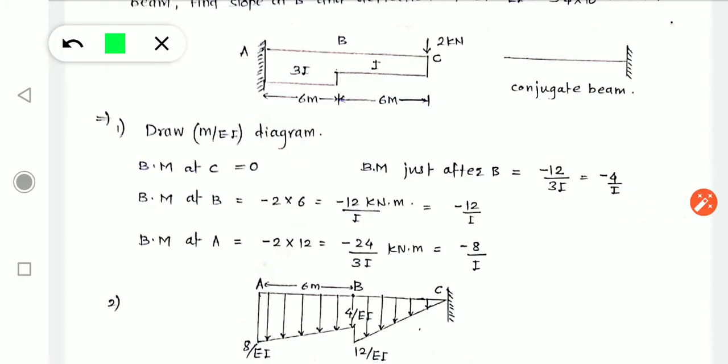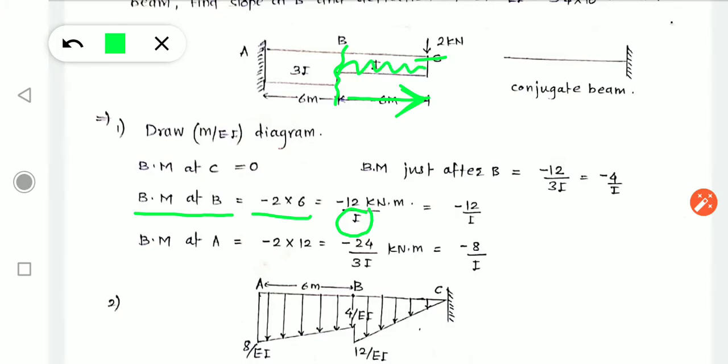The bending moment at B, on the side before B, will be 2 into 6, and the I will be I only, so I is taken from this region.